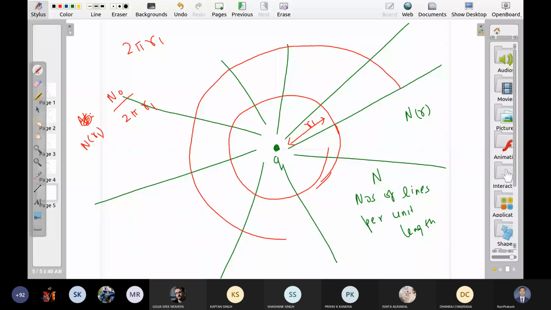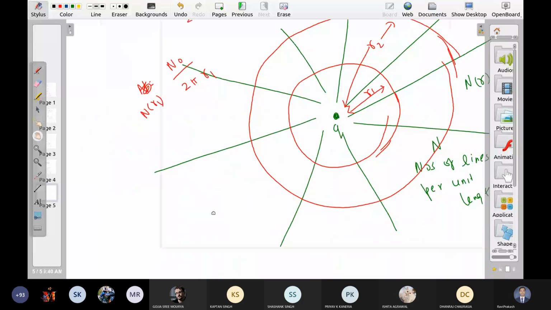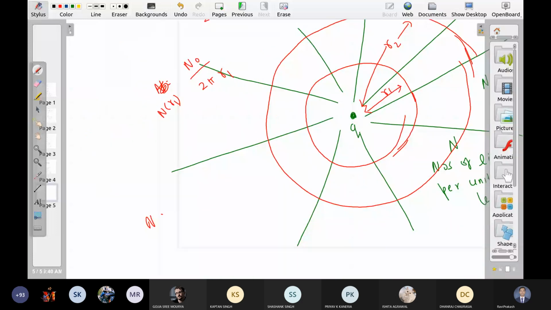How many lines are covered by the perimeter of the circle? Same numbers of lines. Constant. Numbers of lines per unit length now at a distance r2. What do you see? So they are all constant. So numbers of lines per unit length is proportional to 1 by r in 2D.